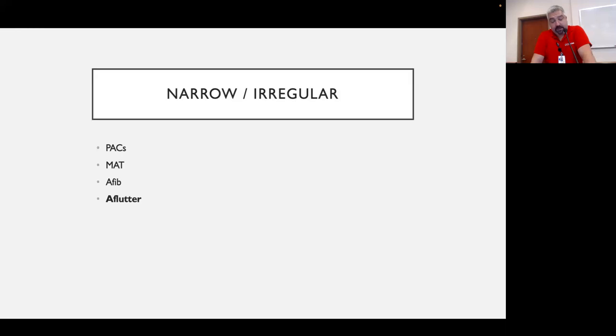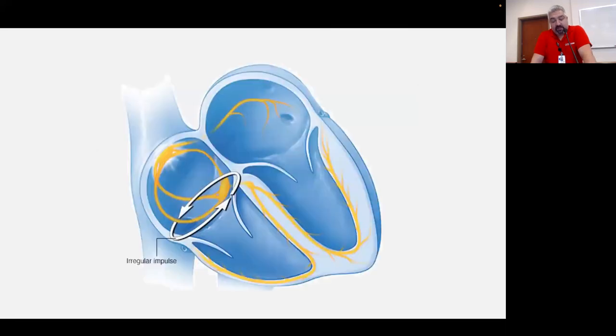So we can look at flutter. Flutter is going to be a little bit different. Instead of having all these different places firing in the atria, this is another time when impulses get stuck in a loop. Only here, there are actually pathways that go through the atria down to the AV node, and the impulse gets stuck in a loop going through these intra-atrial pathways.